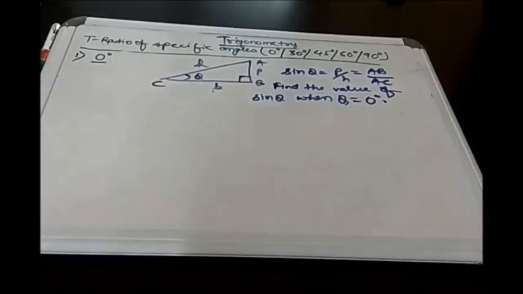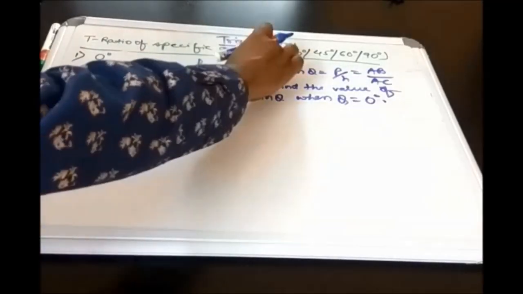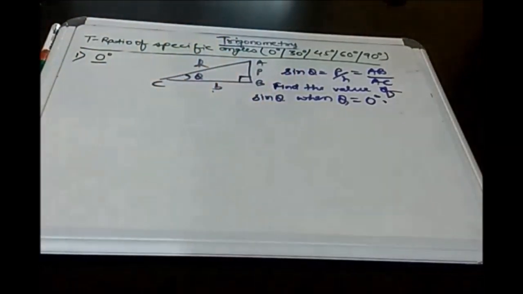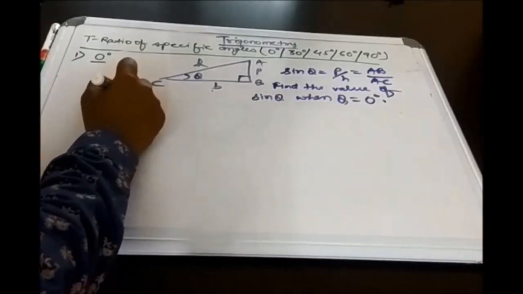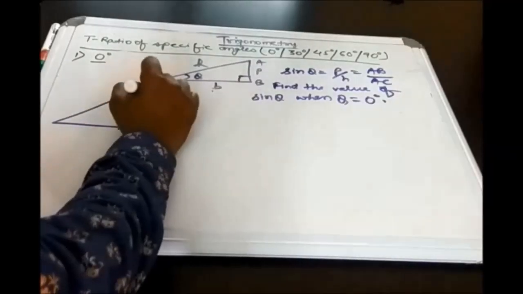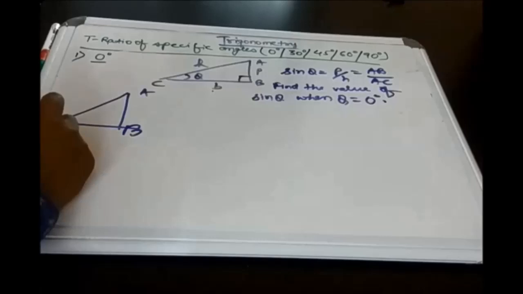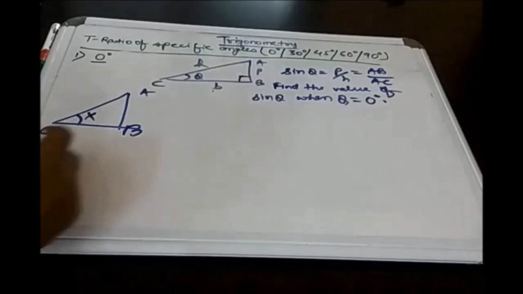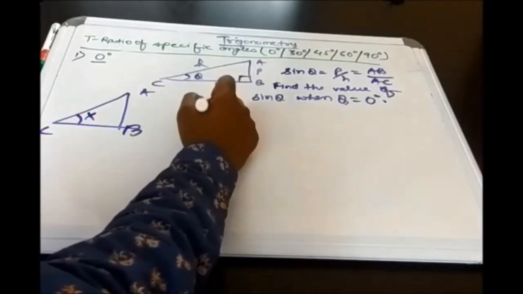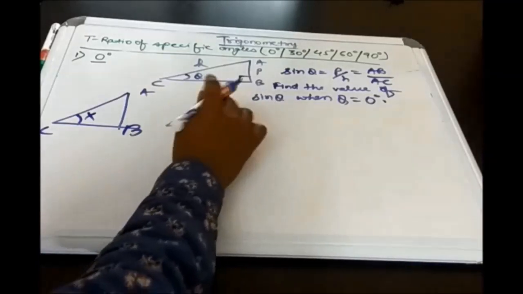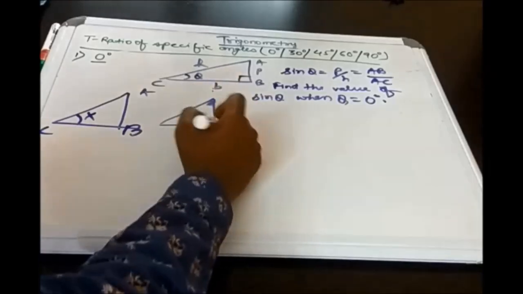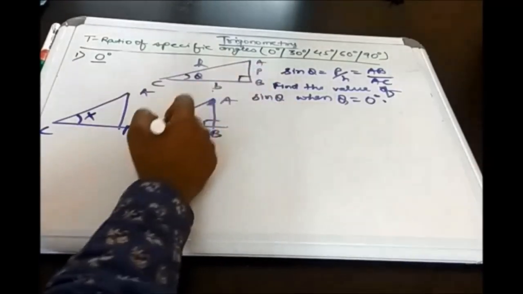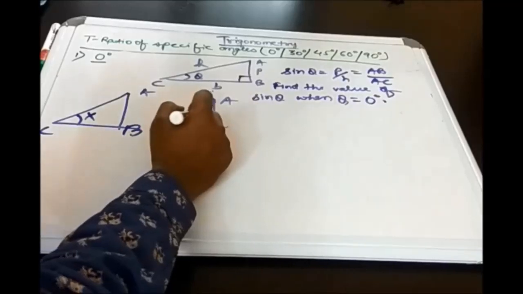Theta equals 0 degrees means the angle BCA becomes 0 degrees. We will understand it through a practical example. Suppose this is some angle x. If you reduce this angle a bit, it becomes y.